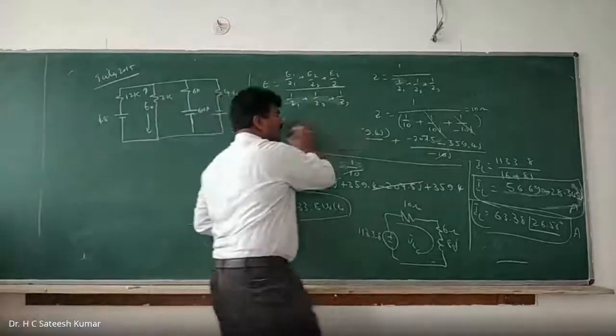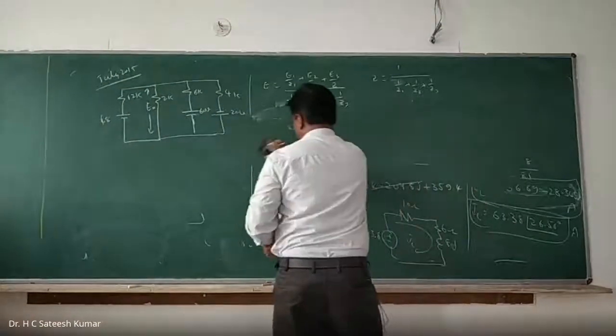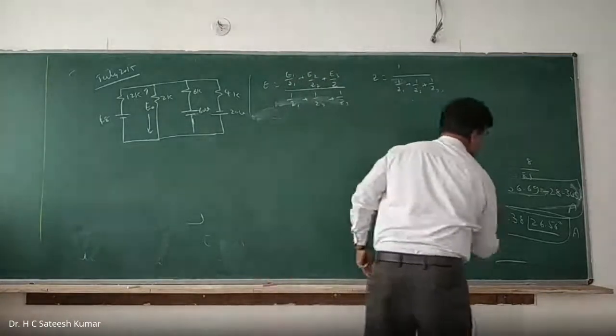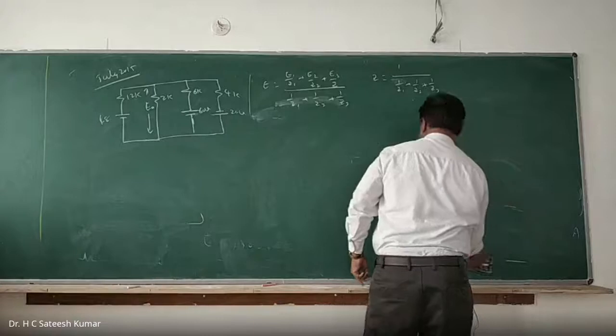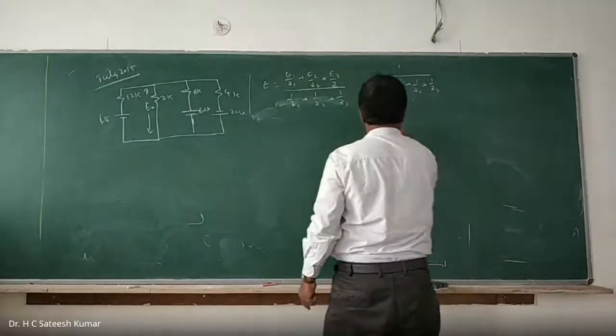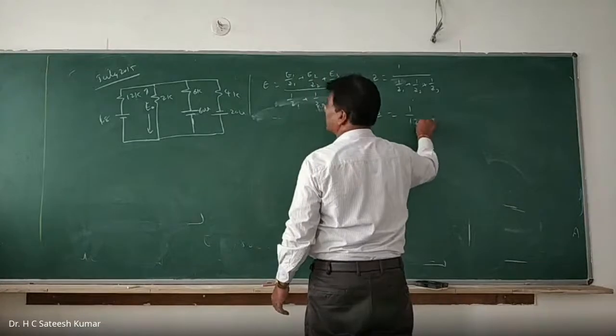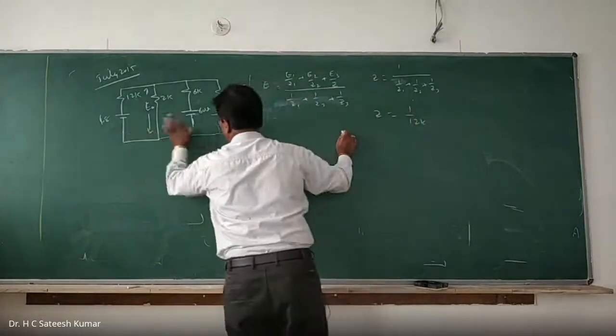So same formula. 2 line, 3 line, you will get the answers. Find E0, right? So Z is equal to, first you calculate Z. Z is what? 1 by 12K. So this is the one, this is the one, this is the one, right?